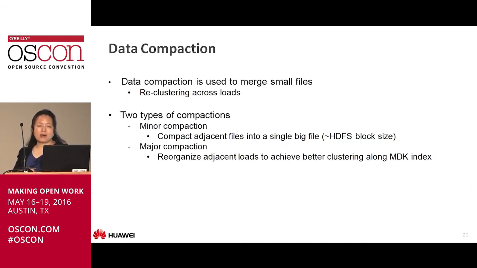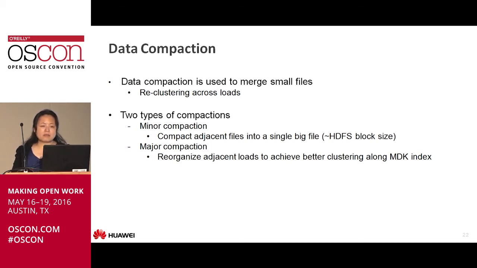In general, carbon data performs well for big files. So data compaction is a tool we introduced to merge small files so that it operates on bigger files. This is also a chance for you to recluster the data across loads to achieve better clustering along the MDK index.